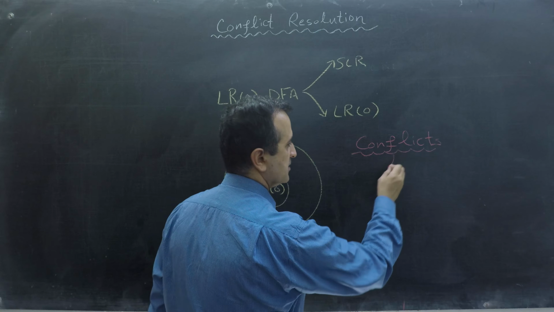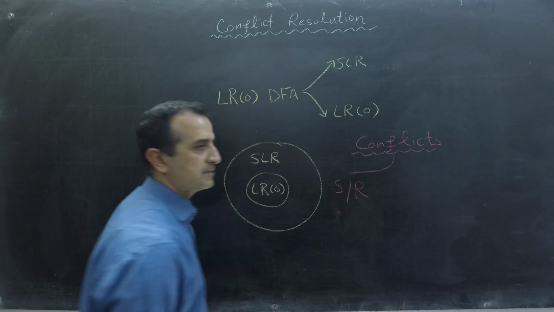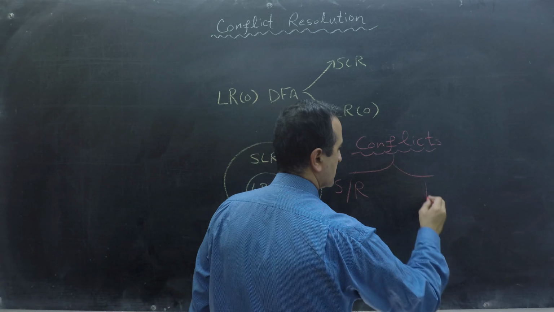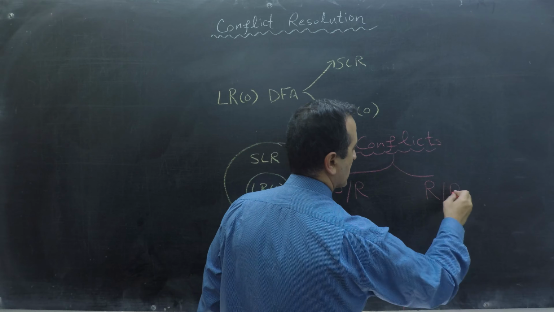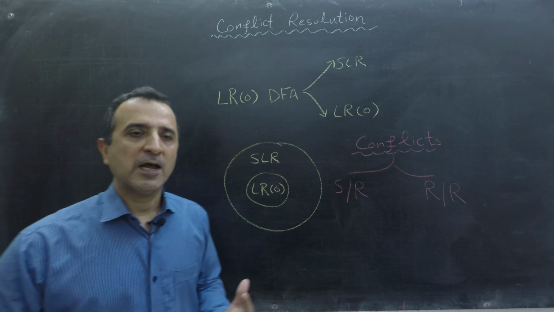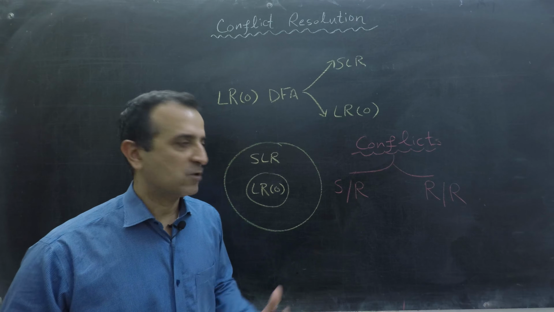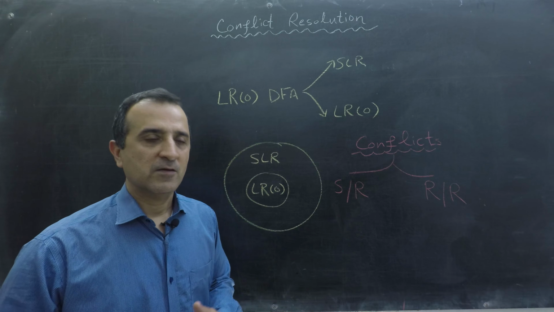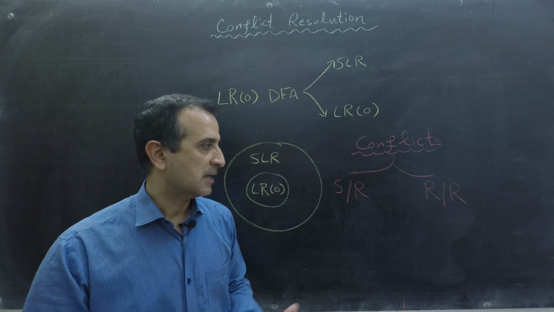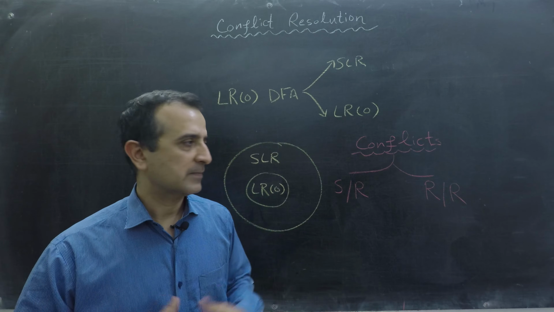Number one is shift-reduce conflict, and number two is reduce-reduce conflict. In the first case, we could perform two different actions. One action could be shift and one action could be reduce. Whereas in the second case, we can do two actions, and those actions are both reduce, but two different kinds of reduce.